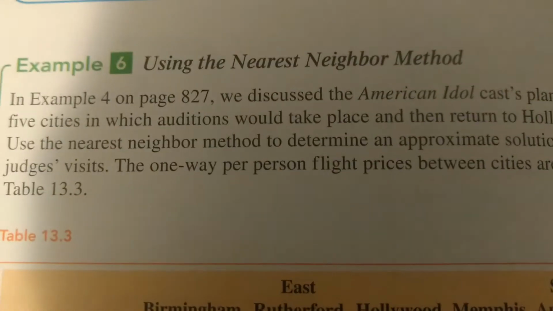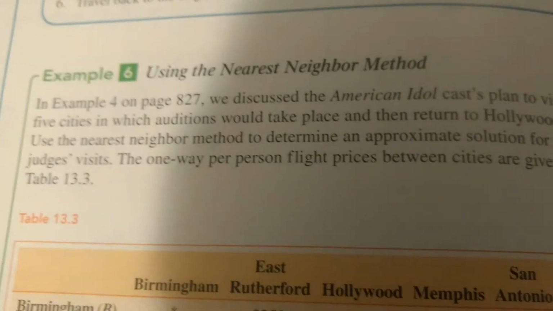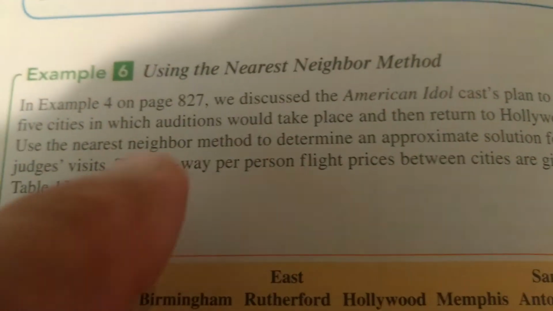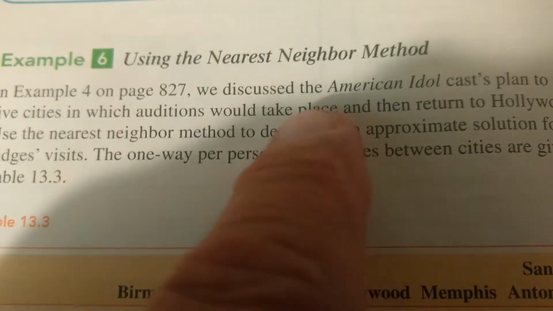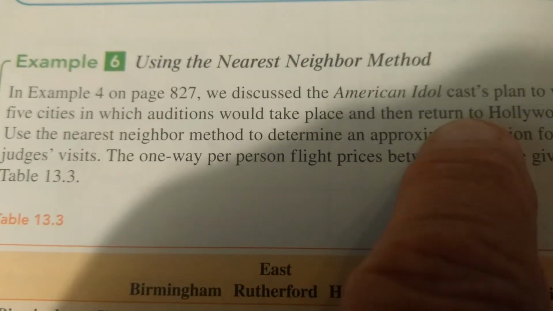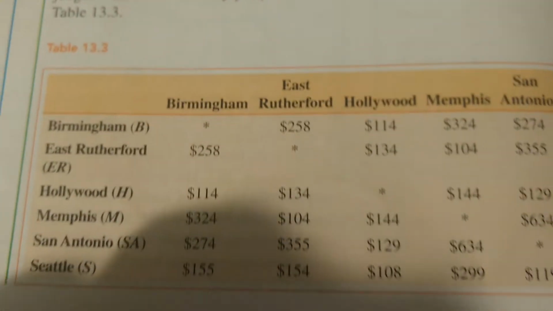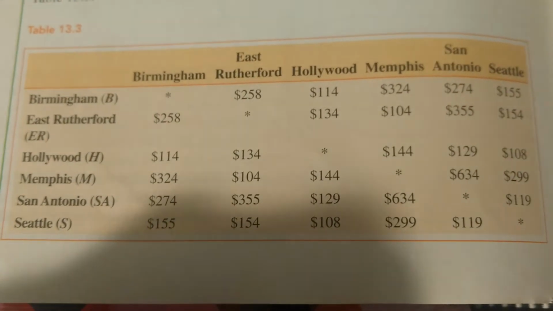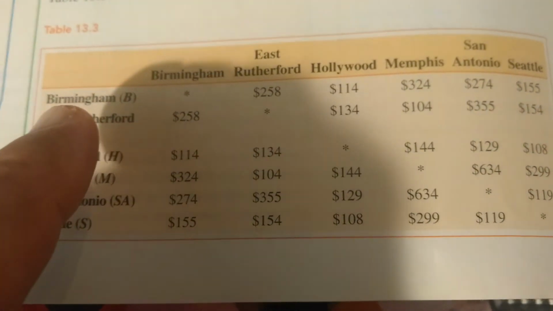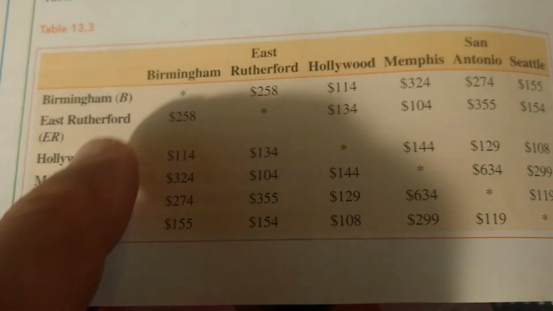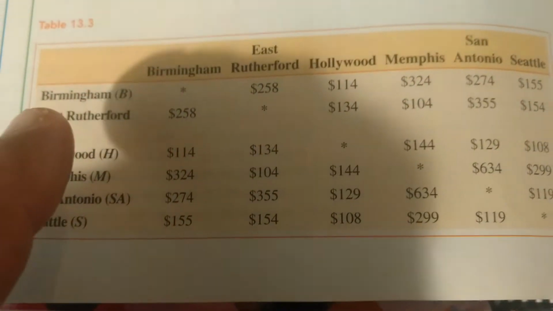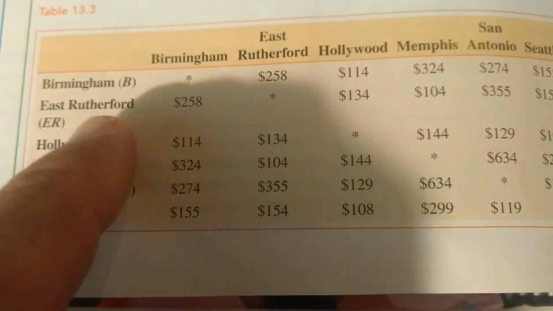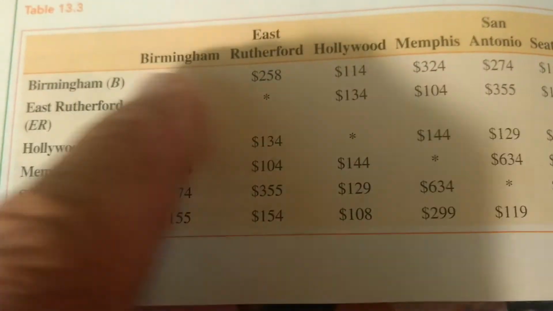And here's an example of the nearest neighbor. In example 4 on page 87, remember the American Idol problem. So what happened here was we're basically making the chart the same way we did with brute force. Here's the cities we got to travel in a column. Here's the ones on the top. Birmingham to Birmingham, the so-called, but Birmingham to East Rutherford, so on and so forth.